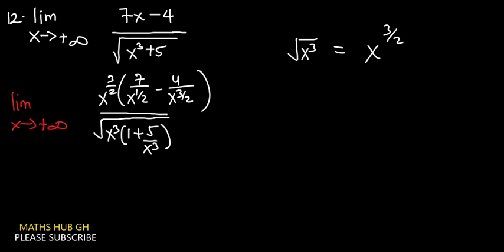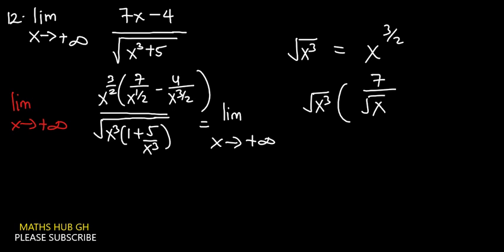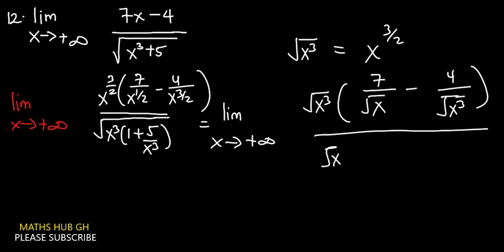This is equal to the limit as x approaches positive infinity of the square root of x cubed, bracket open, 7 over the square root of x, because x to the power half gives us the square root of x, minus 4 over the square root of x cubed. All this is divided by the square root of x cubed multiplying the square root of 1 plus 5 over x cubed.